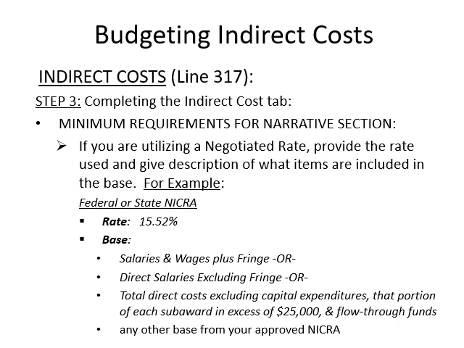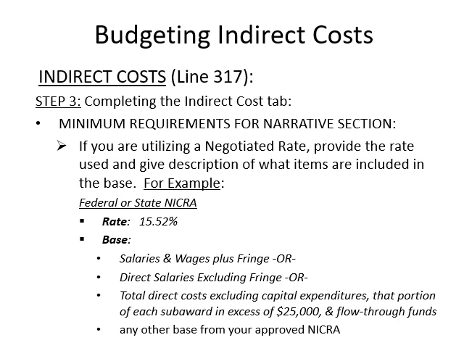So the minimum requirements for the narrative section. If you are utilizing a negotiated rate, then you need to provide the rate used and give a description of what items are included in the base. For example, if it's a federal or state NICRA, you would give your rate, and then for the base you would explain what cost categories are included in your base. In this example, we've got salaries and wages plus fringe.